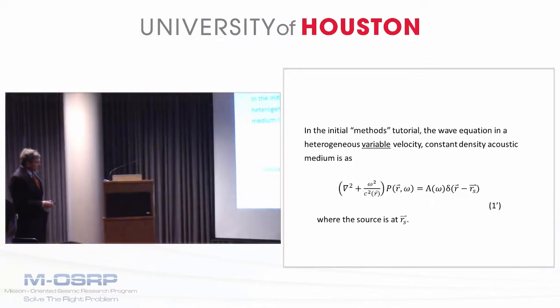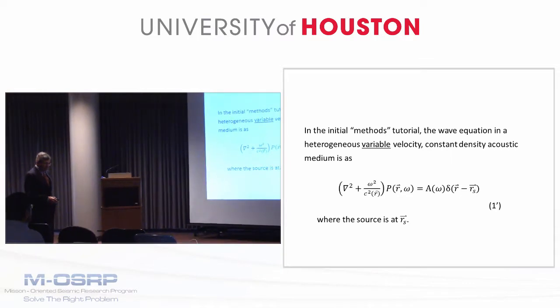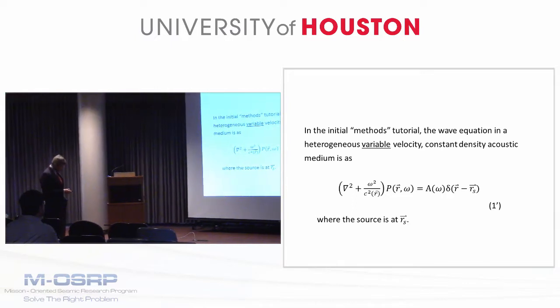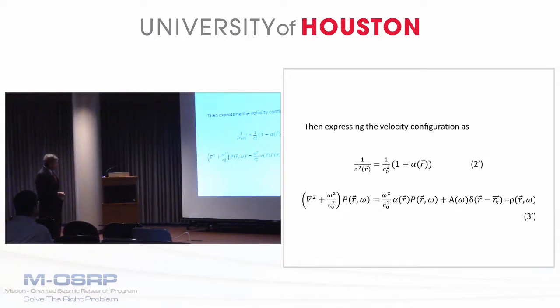Well, this morning we had this heterogeneous wave equation, with some spatially localized source, some source signature, some c squared of r velocity. And we rewrote that equation with a reference velocity c0 and a function alpha of r, which carries the difference between the actual velocity at a position r and the reference velocity.